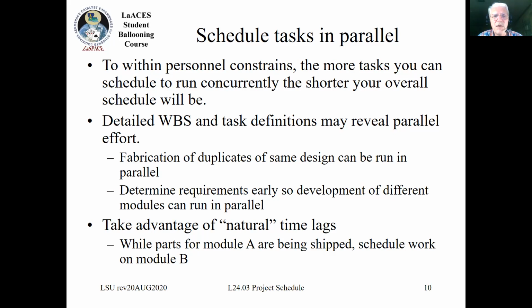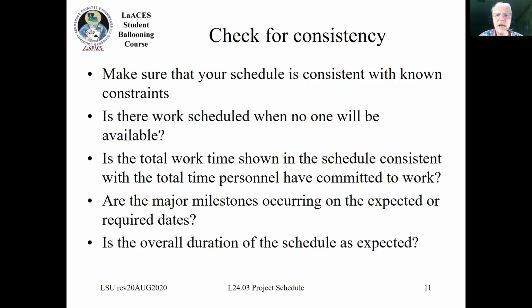Also, take advantage of time lags that are sort of natural. If parts for component A require a week to be delivered, then the design for component B can be happening while you are waiting for those parts to come in. You can schedule that in your tasks.